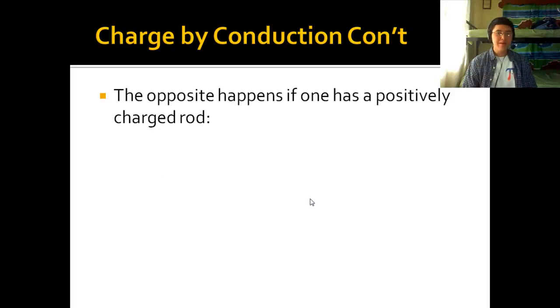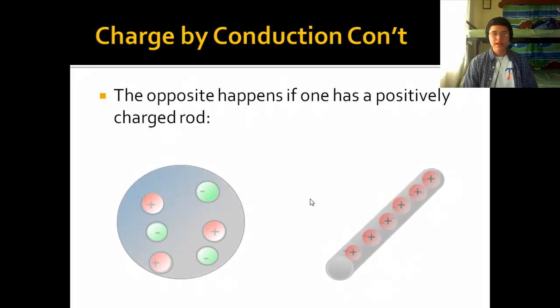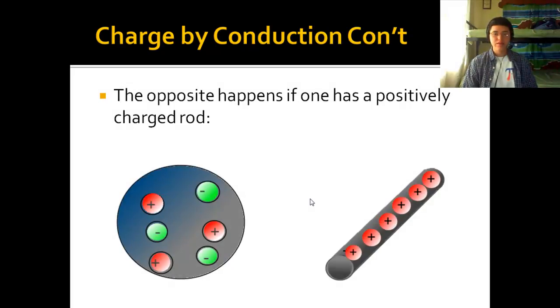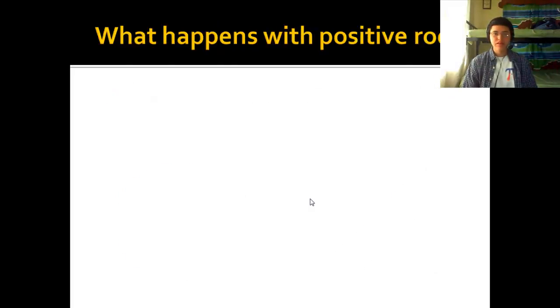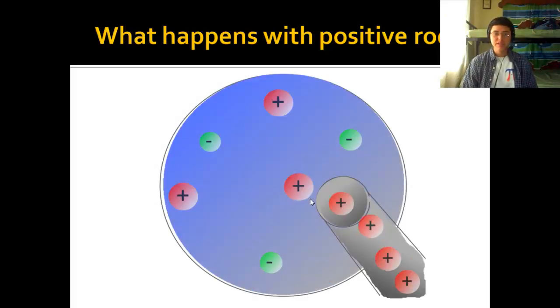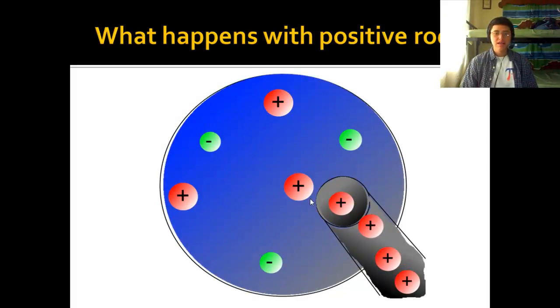The opposite happens if one has a positively charged rod, as seen here. What happens, you may ask, with a positive rod? Well, the different charges will attract, and since they are touching, the electrons will go into the positively charged rod.